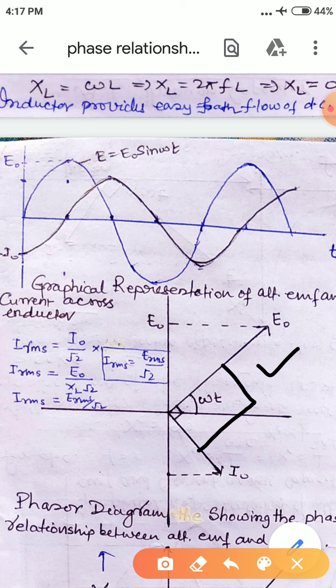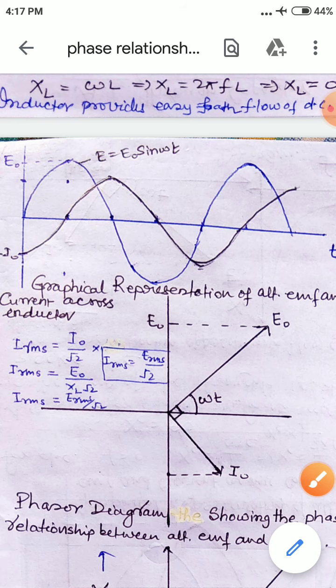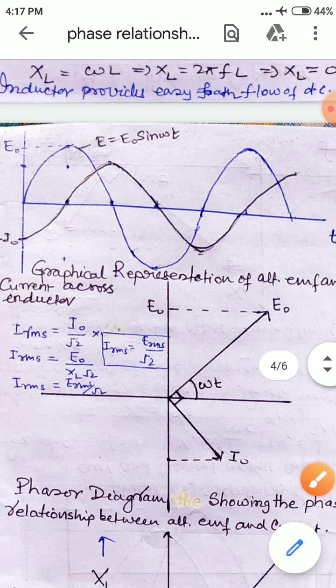So this is the value of current. Now the length of the rotating vector I naught is slightly less than that of E naught, because I naught is equal to E naught by XL. That is why the length of I naught is less and that of E naught is large. So this shows you the phasor diagram of current and voltage.